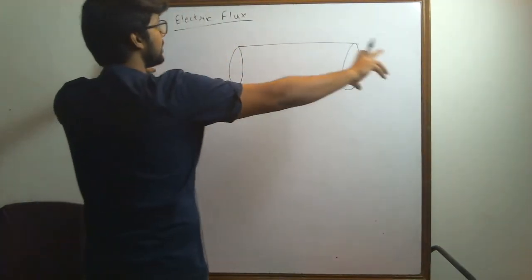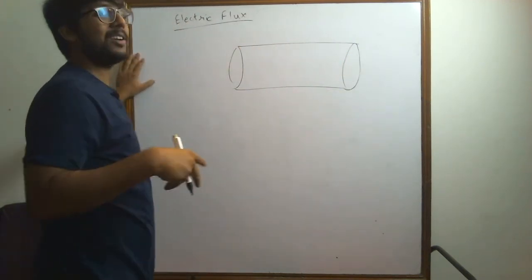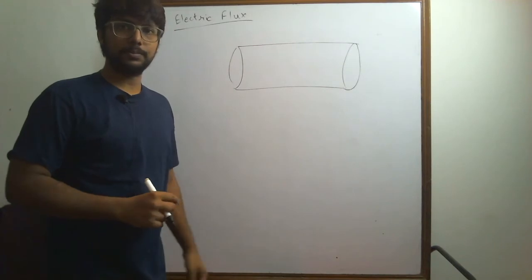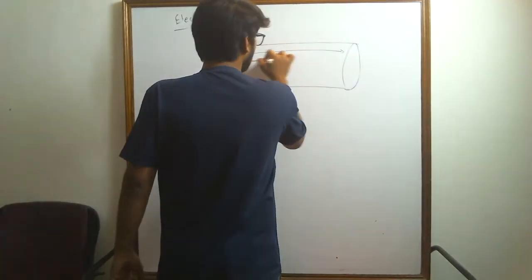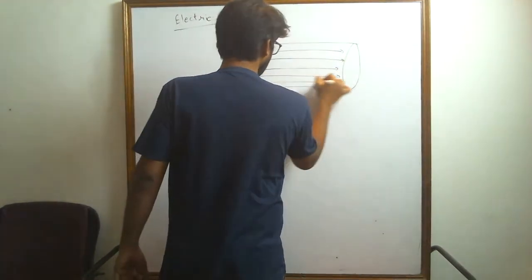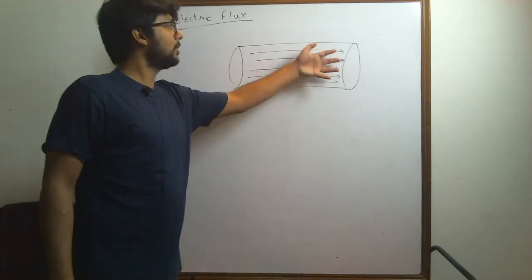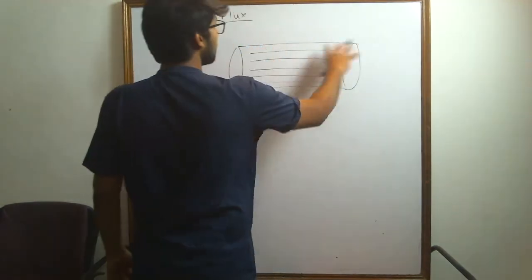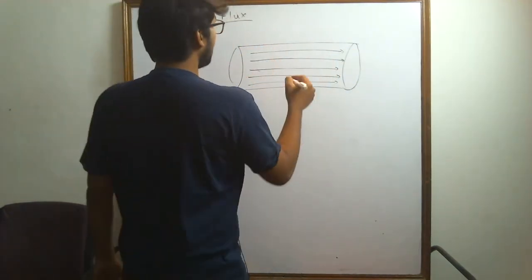Now through the cylinder, I have charges passing through, or there is electric field existing in this cylinder. Let's say the direction of electric field is this way.